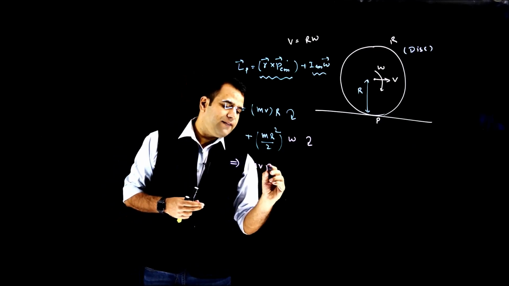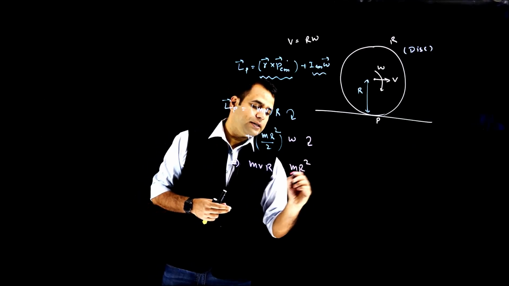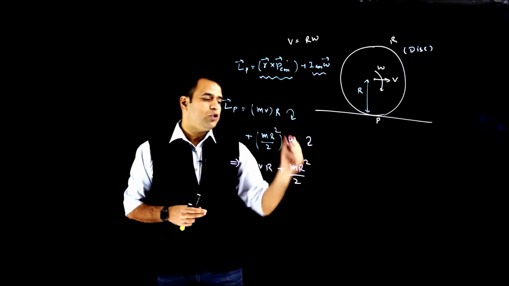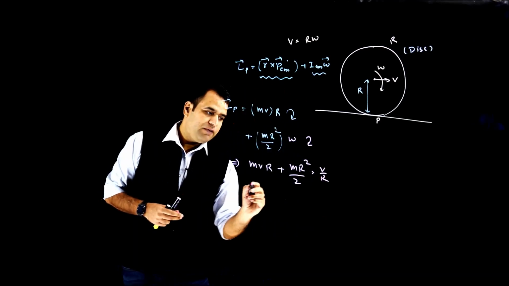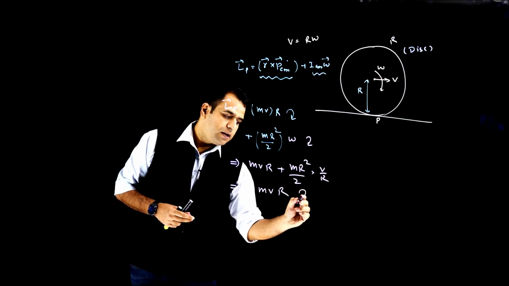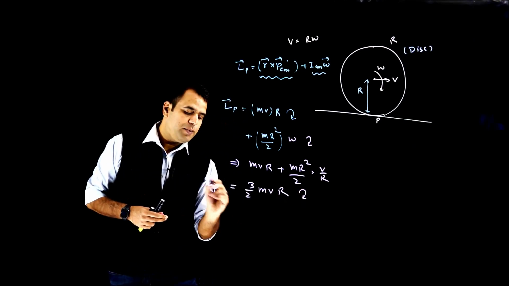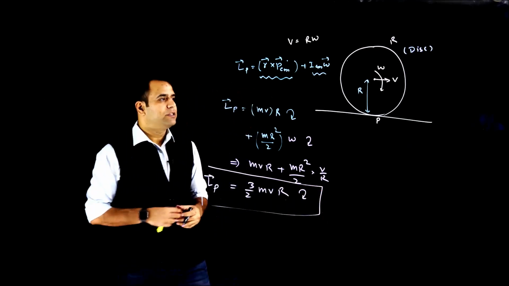It will be m v r plus m r square by 2 times omega. In place of omega, I can write v by r, and that makes 3 by 2 m v r in the clockwise direction. That is the angular momentum of the disk about the bottommost point.